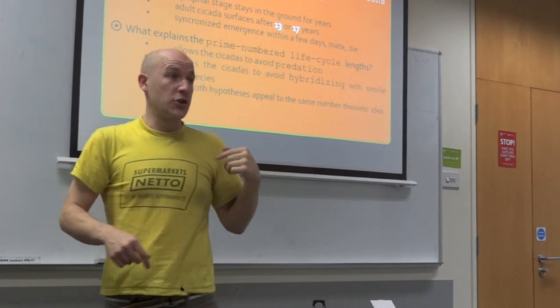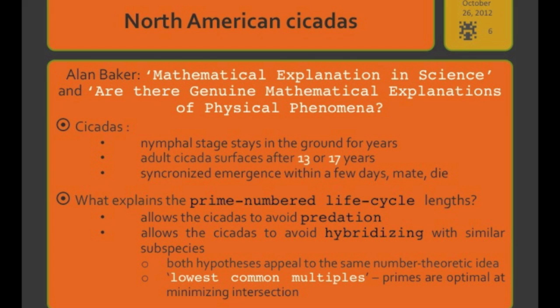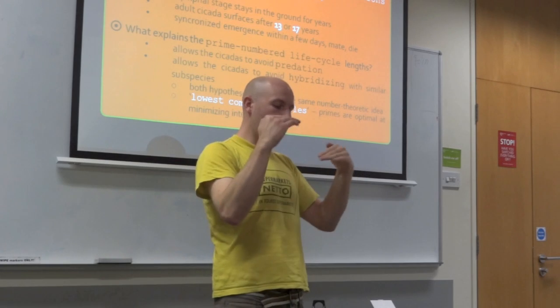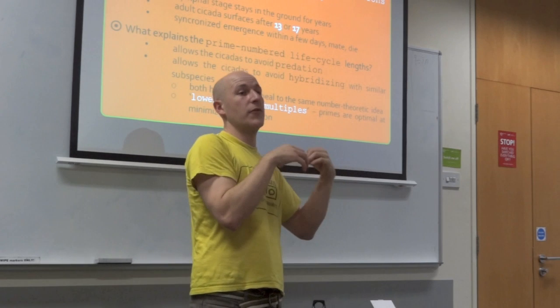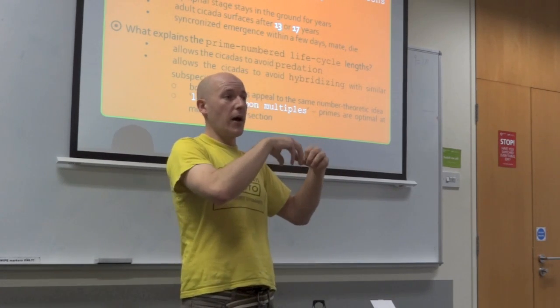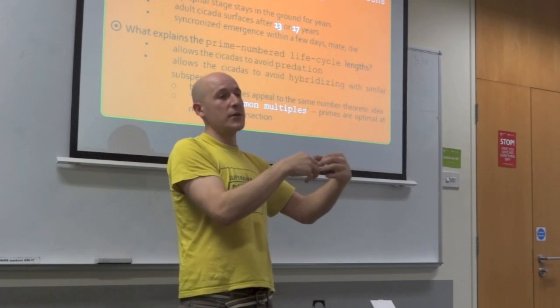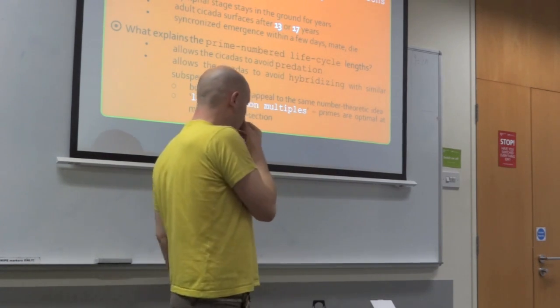The thing at root that's good about both explanations, what makes them look like a good explanation, is that they say, well, if you have two things with the lowest common multiples, you want to avoid, so you want to avoid, as it were, bumping into your predator, or avoid bumping into other cicadas with which you don't want to breed.